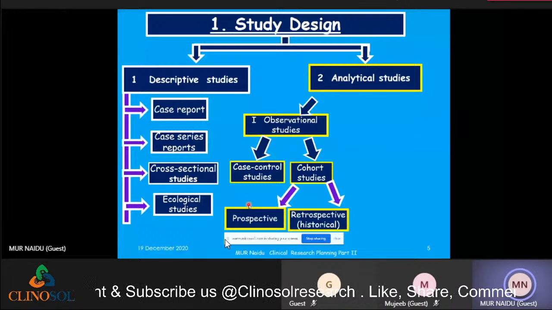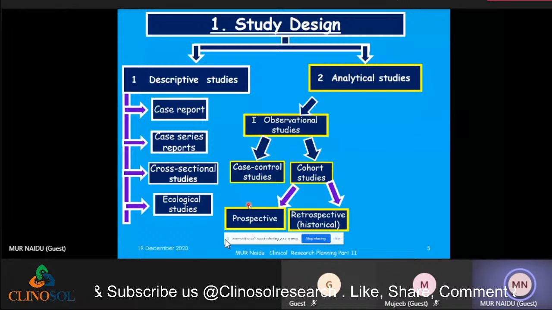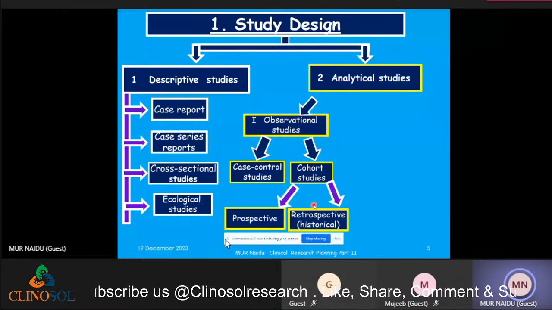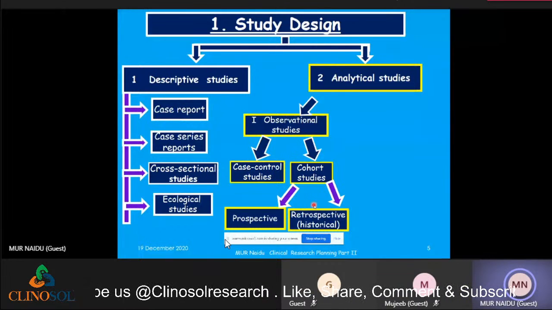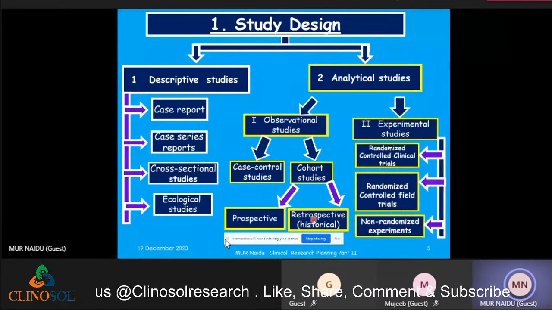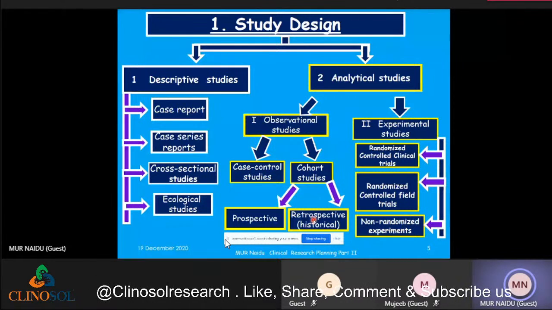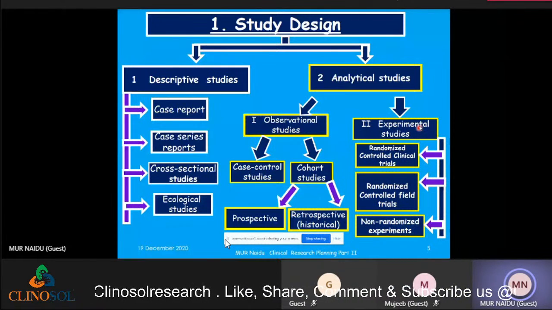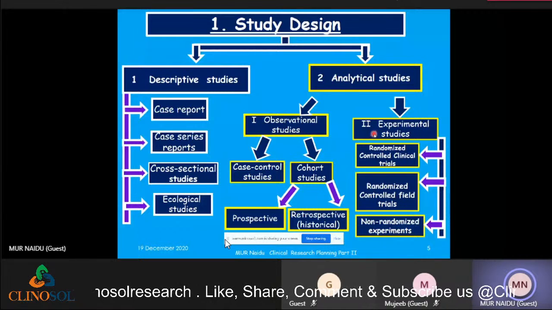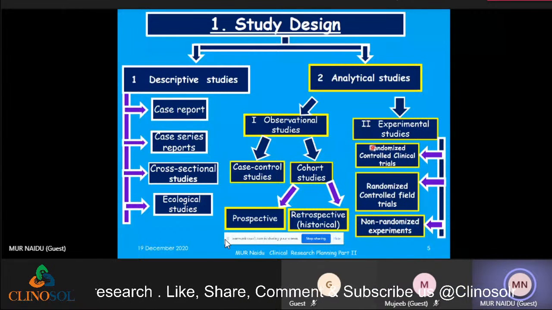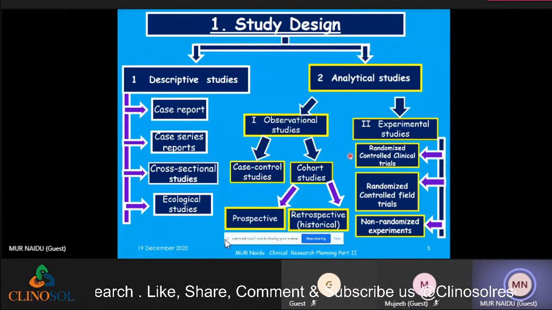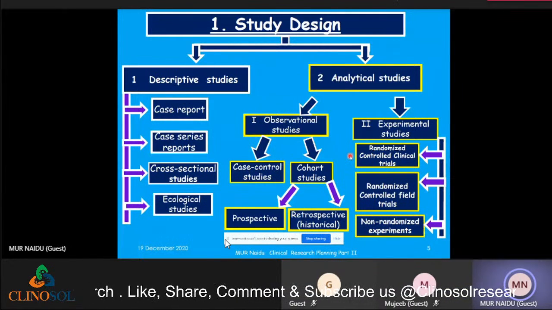Now, the second part of the analytical study is what is known as the experimental study, which we normally do. The experimental study will be the randomized controlled clinical trial, in which we normally do phase 2 and phase 3 clinical trials. So phase 2 and phase 3 clinical trials usually come under randomized controlled clinical trials.